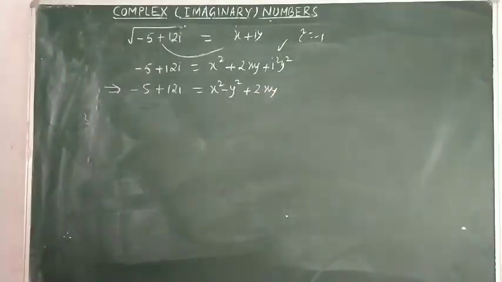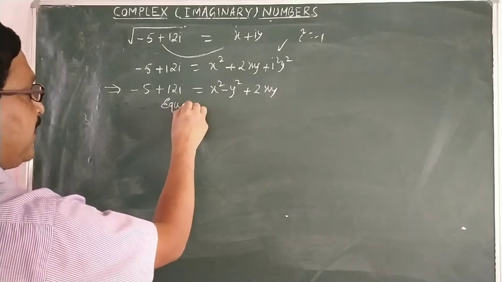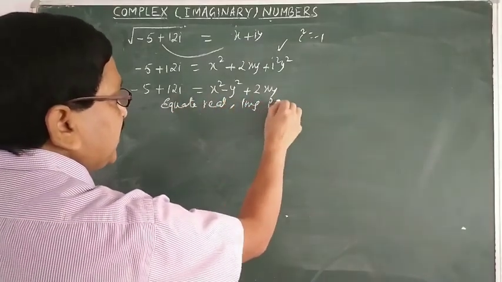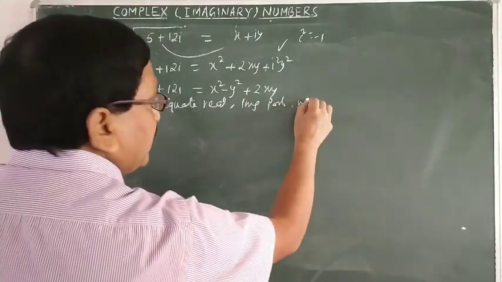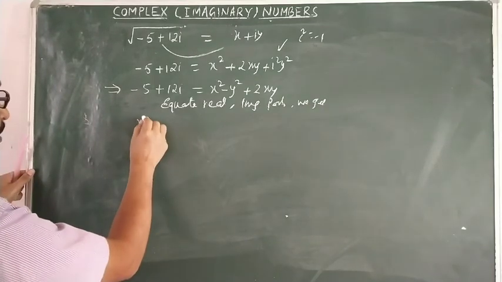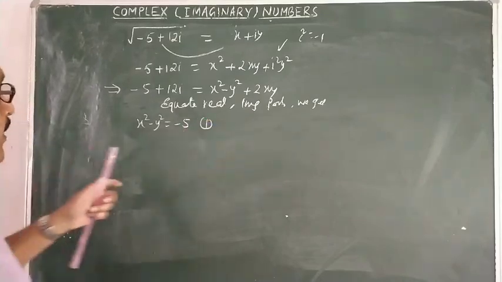Now equate real and imaginary parts, we get: the real part, x square minus y square is equal to minus 5.